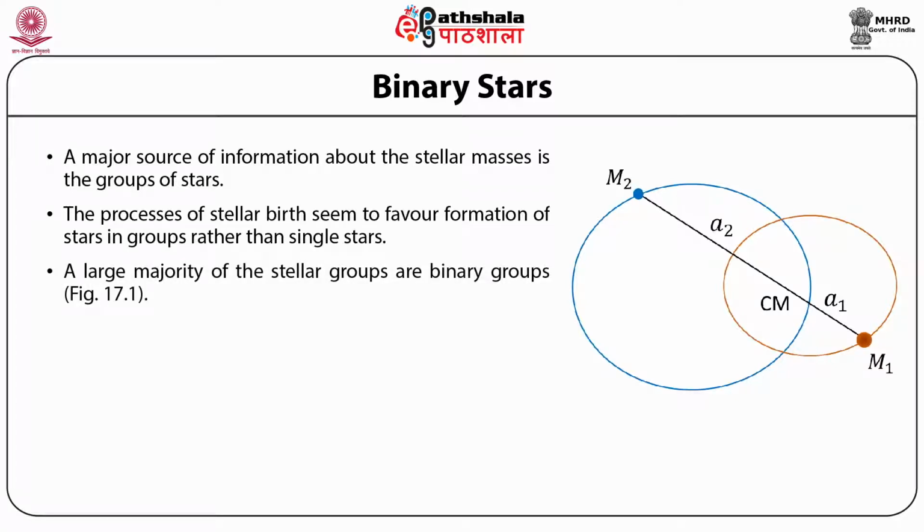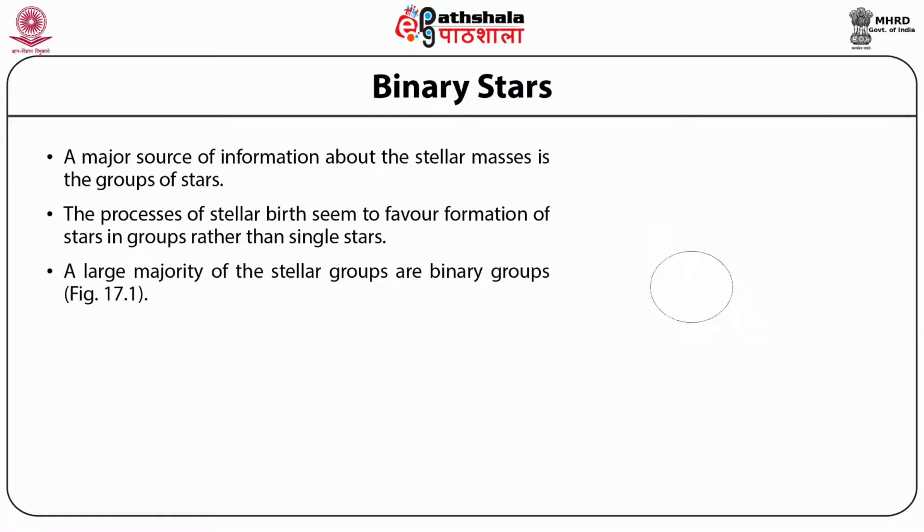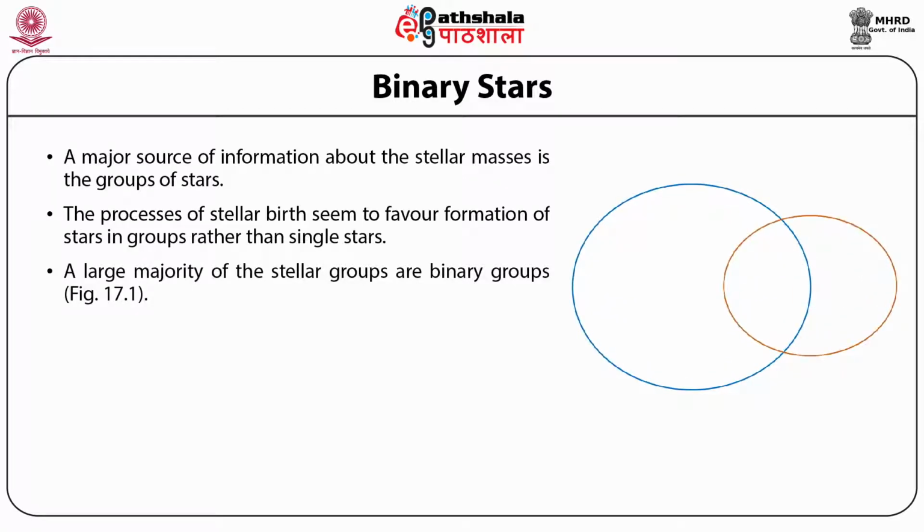A large majority of these stellar groups are binary groups, as shown in this figure, which shows the center of mass, that is CM, of the binary system in which M1 is greater than M2, and here the CM is nearer the more massive star. So the center of mass of a binary system is such that M1A1 equals M2A2.